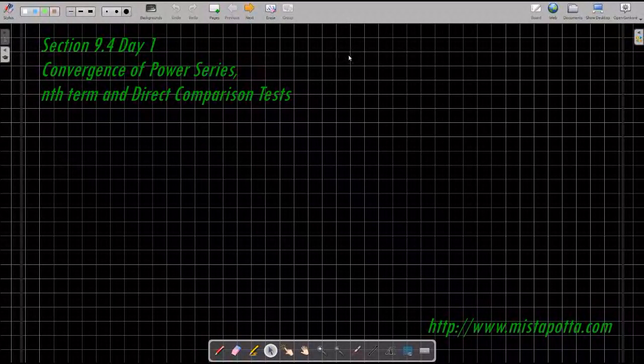In other words, whenever I'm talking about taking a function which is the sum from n equals some value up to infinity of some coefficient times x to the n power, we call this a power series.